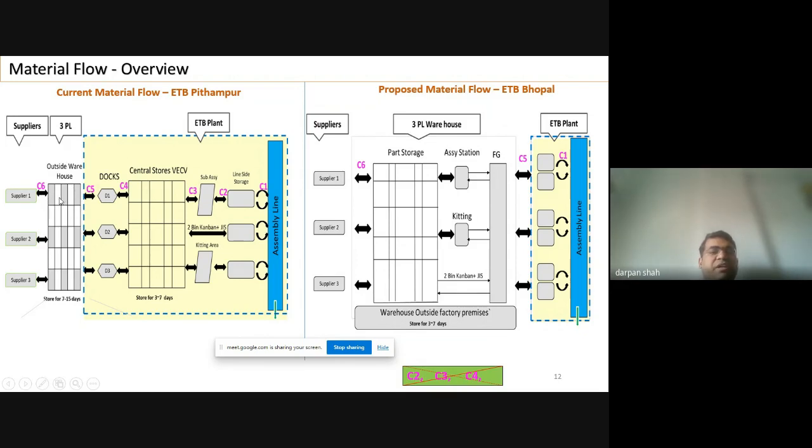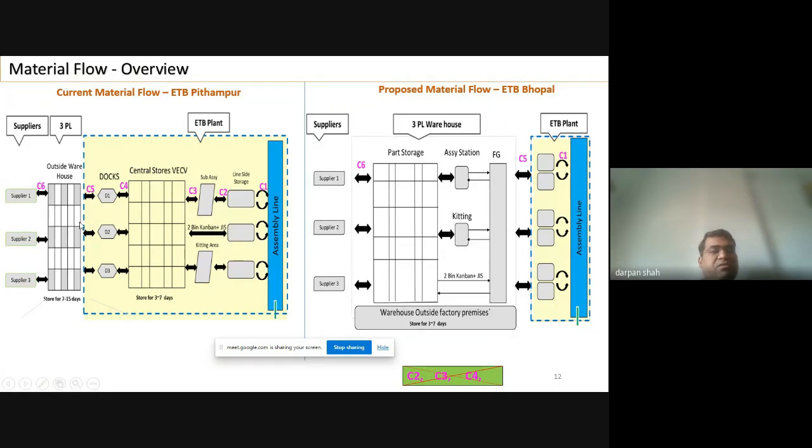As you can see, we have 7 to 15 days of inventory stored here. This is on the count of the supplier as well, which we call VMI, vendor managed inventory, and also on the count of VECV. This varies on a case to case basis.